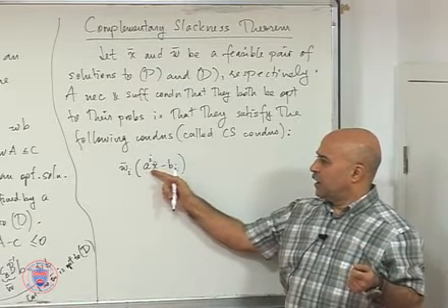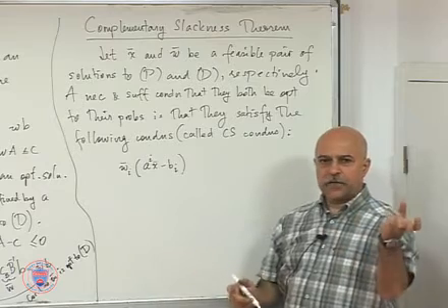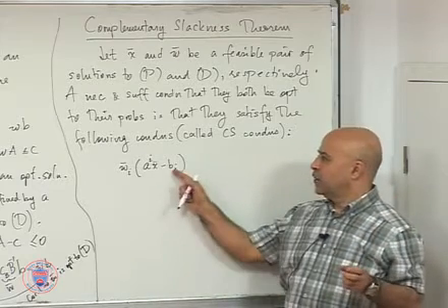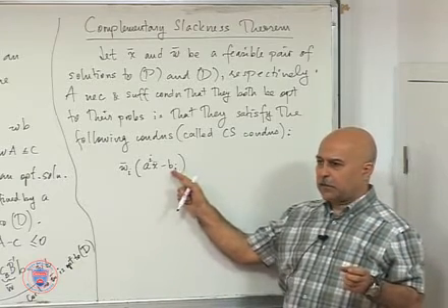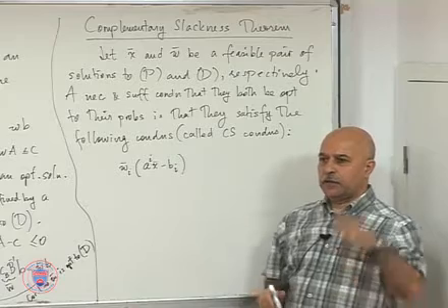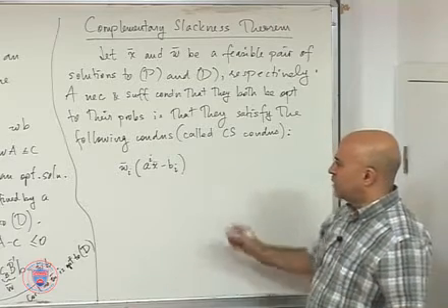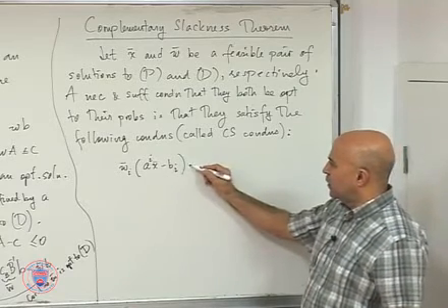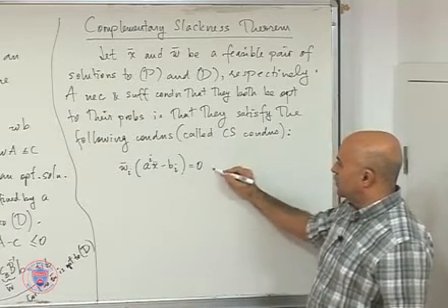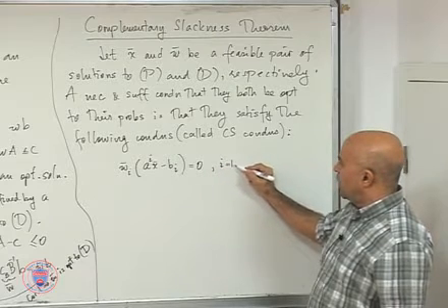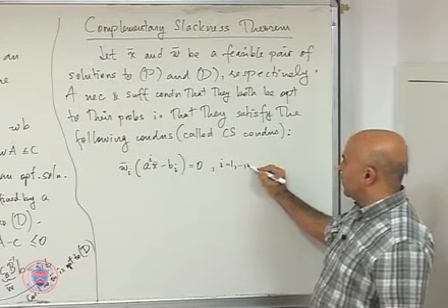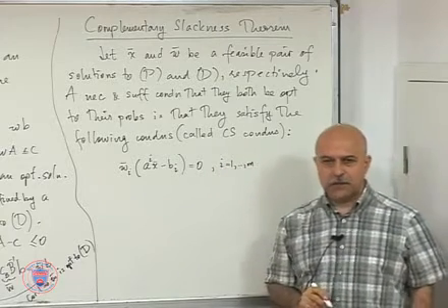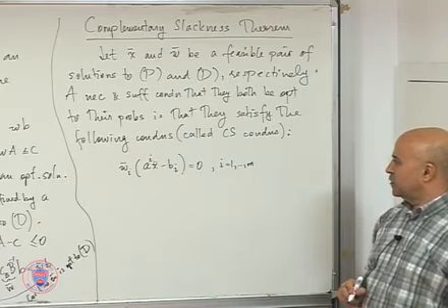So the ith row times x bar is the left side of your ith constraint minus the right side of the same constraint. So this is simply the difference between the left and right sides of the ith primal constraint. This should be equal to 0 for every i. If you have, for example, m such constraints, this should be the situation. Okay?